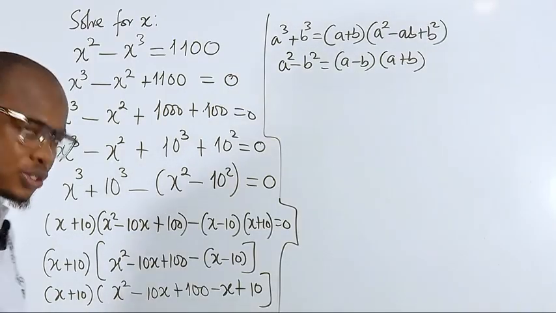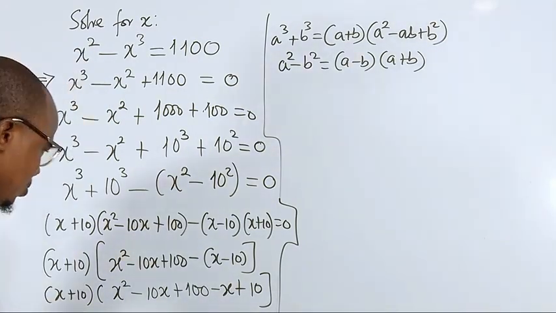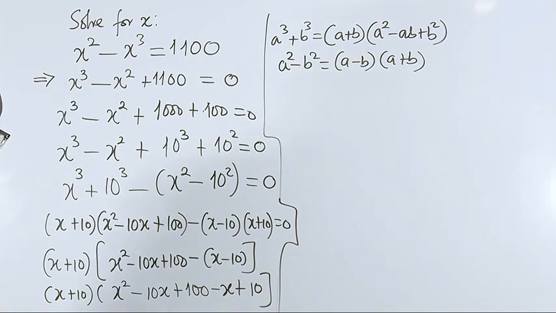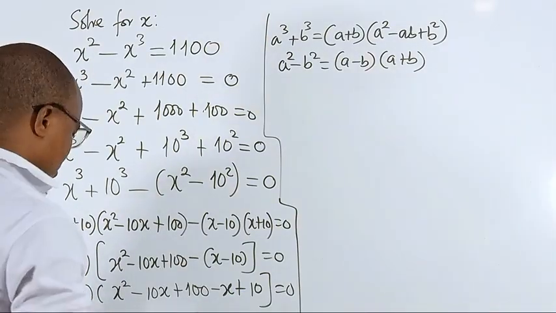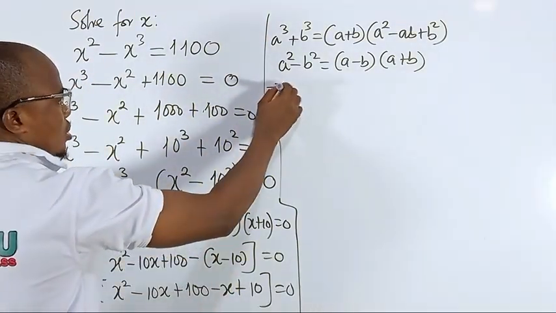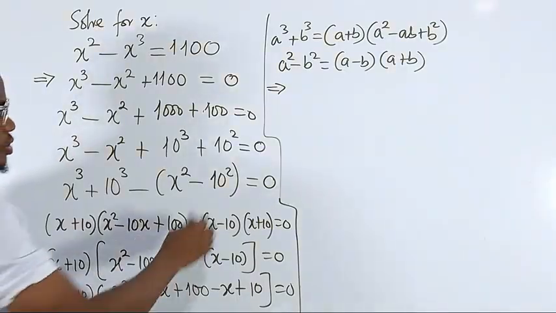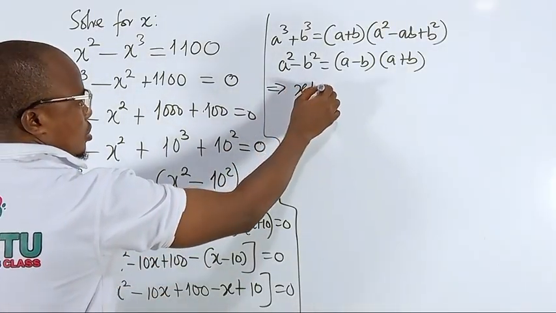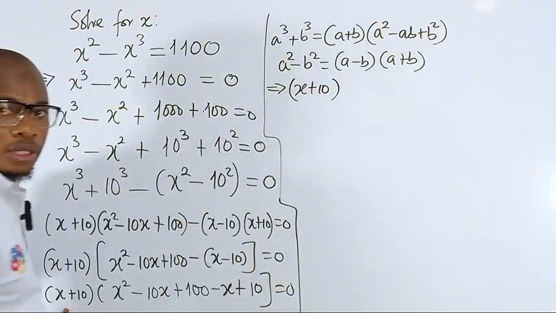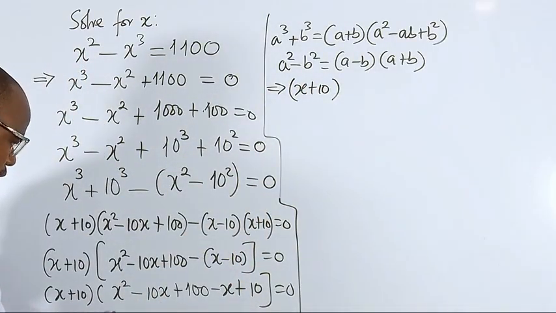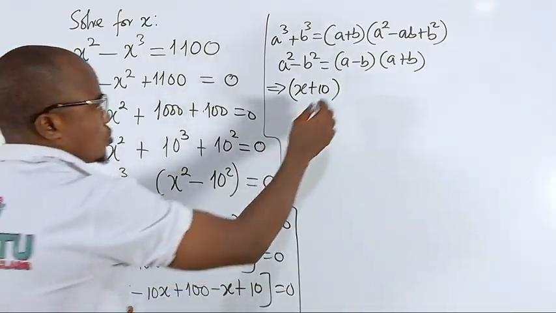Are you following? So from there, the next thing we're going to do, let's simplify this further now. So from here, you see that we're going to have x plus 10, then x squared.